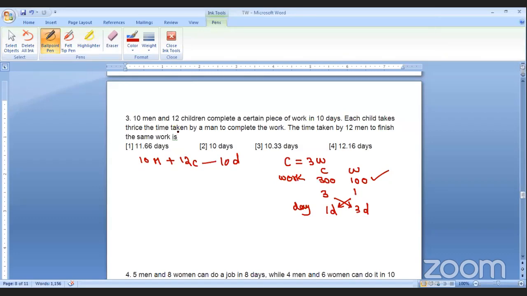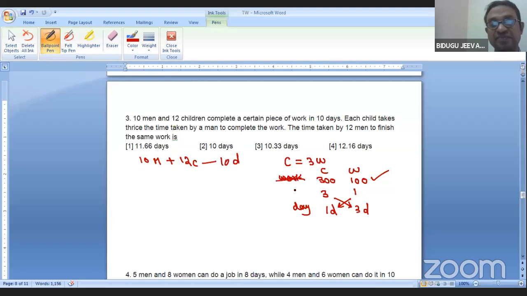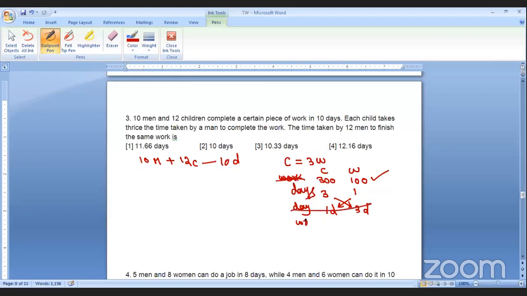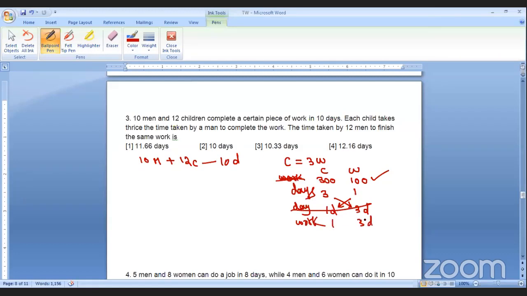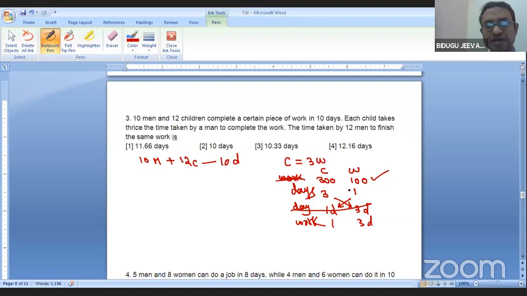Time taken is nothing but days. So the ratio is 1 and 3, days and time. A child takes 3 days, but a woman takes 1 day. So if a child can do 1 work, a woman can do 3 works. That is the capacity of a woman.